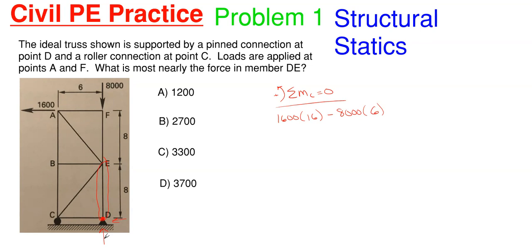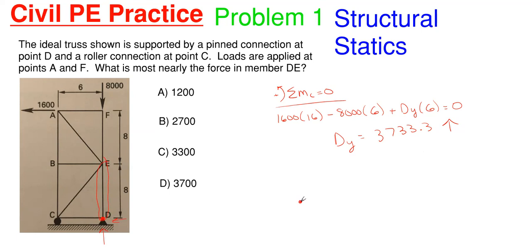And I'm assuming that my Dy is going upwards here, so it will be swinging counterclockwise about C, so it'll be plus Dy times its perpendicular distance over to C, which is also 6. Everything here is unitless because units were not given, and this will be equal to 0. Solving this, my reaction at Dy is 3,733.3 in the upward direction.